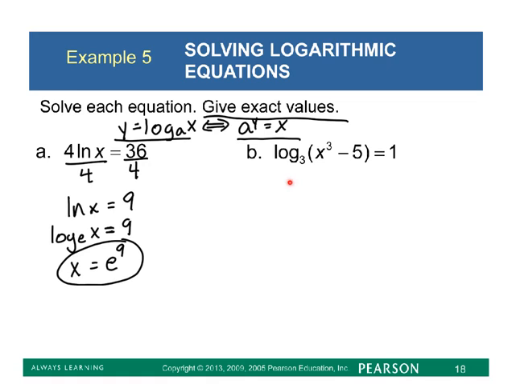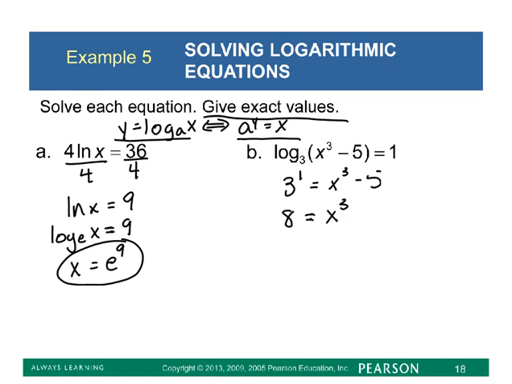We're going to say, 3 to the first equals what's inside our logarithm, which is x to the third minus 5. So that changes it to its exponential form. 3 to the first is just 3. So add 5 to both sides at this point, and we get 8 is equal to x to the third.